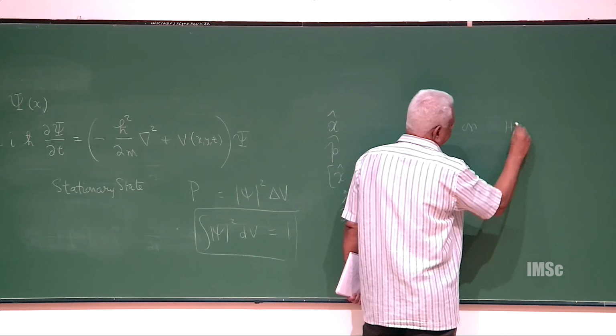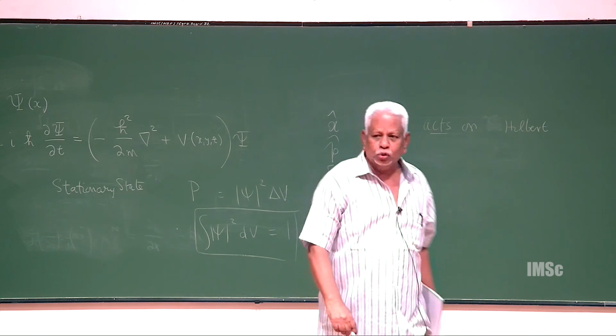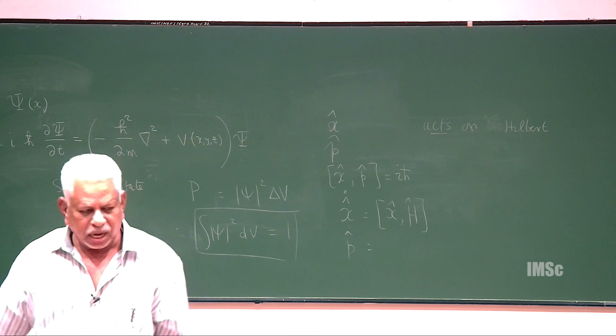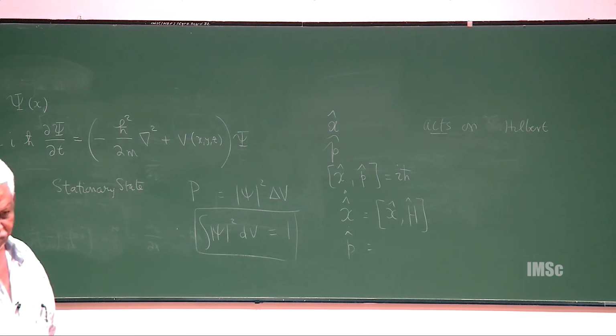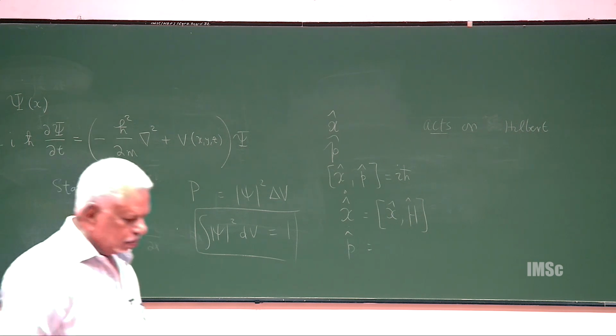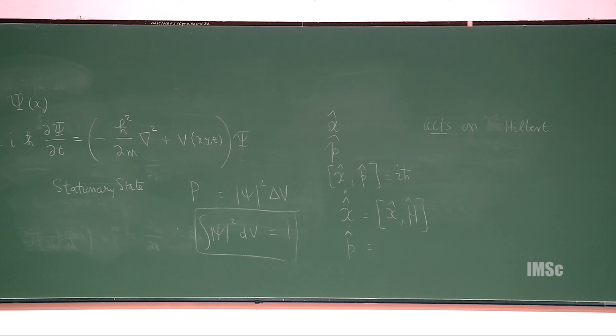We need not worry about too many details of Hilbert space, except that I have some vector space, okay? I have some vector space, and probably you know, there are vectors in 2 dimensions and 3 dimensions and any number, and on that vector space there are operators. So I will give you a simple example of that.